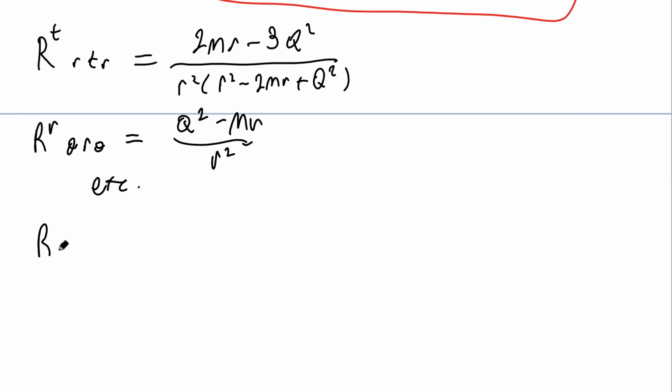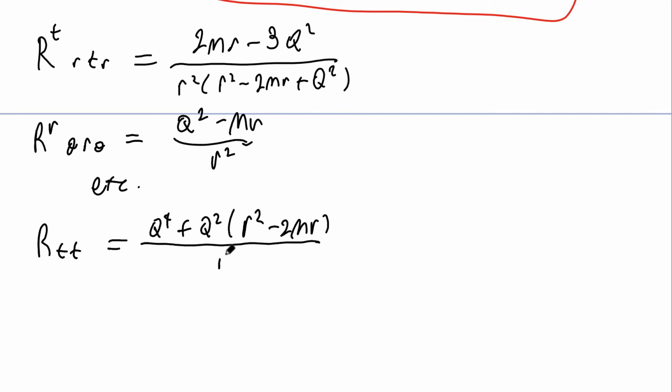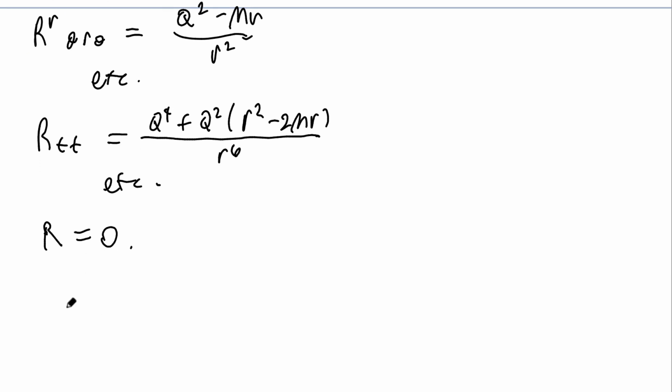So for Ricci we have the components, for example, R_tt is q to the fourth plus q squared times (r squared minus 2mr), all divided by r to the 6th power, etc. And the curvature scalar, R, in this example just happens to be 0. So since R is 0, the Einstein tensor then is just equal to the Ricci tensor.